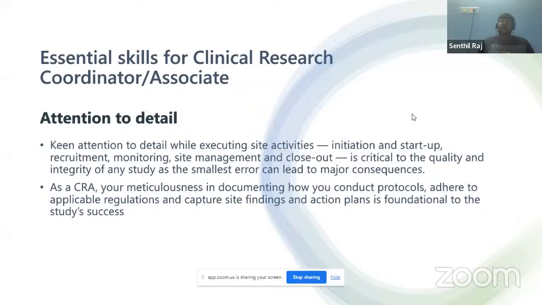So regularly they will be calling, telephony visits and all. If data entry errors happen, you tell the site to make changes, then you do some action plans. And if a delay happened, they have to come within this duration and they are not coming, so you have to do CAPA also, corrective action, preventive action.